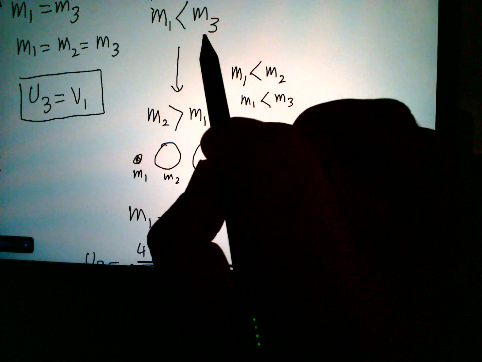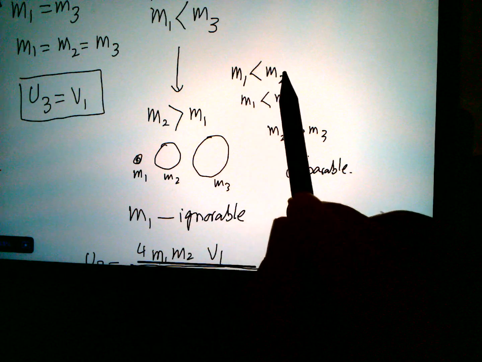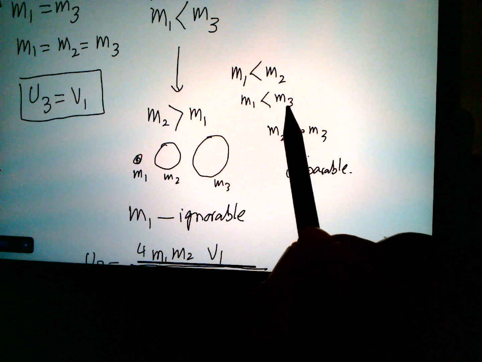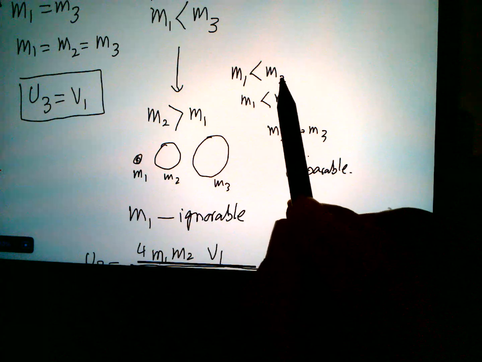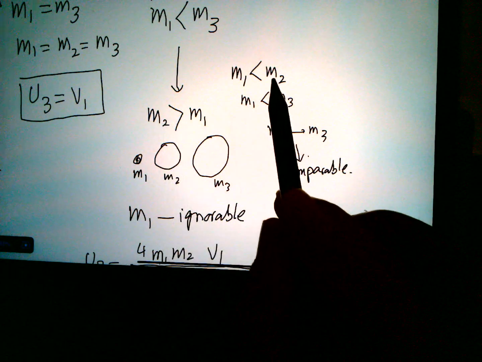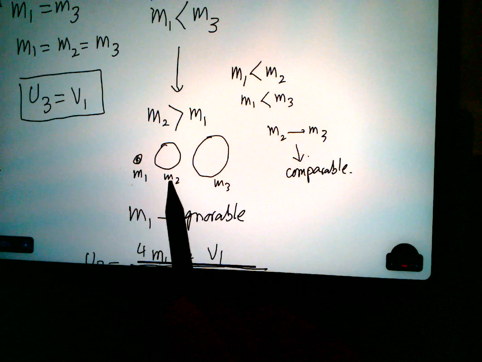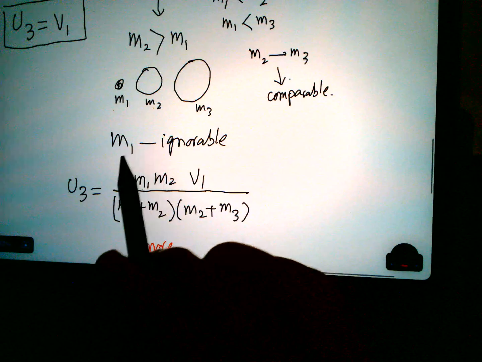The third case: m1 is less than m3. That means m2 is greater than m1, so m1 is ignorable.